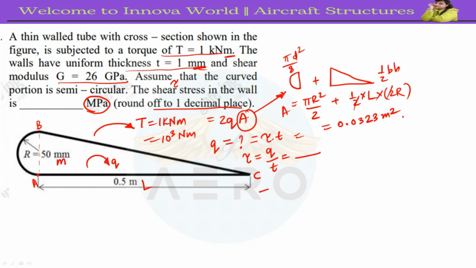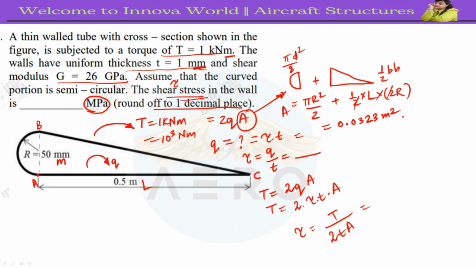Okay, so T equals, we know, 2QA. Now our motto is to find the shear stress. So T equals 2 into tau into t into A. So tau becomes T by 2tA. Right?